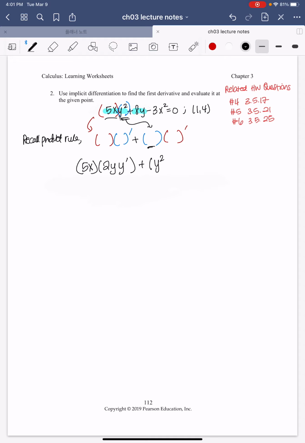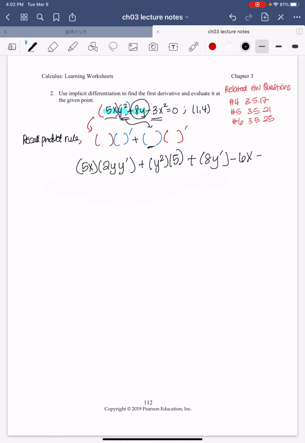And then the derivative of 5x will be 5. Now let's move on to the second term, which is 8y. The derivative of 8y is 8, but it's variable y, so I need to put the notation y prime. Now the last one, negative 3x squared, the normal basic rule, so negative 6x.